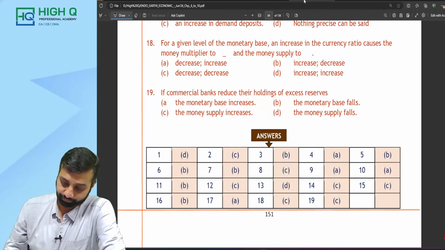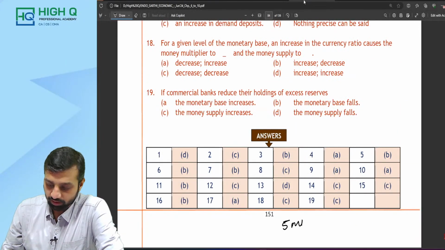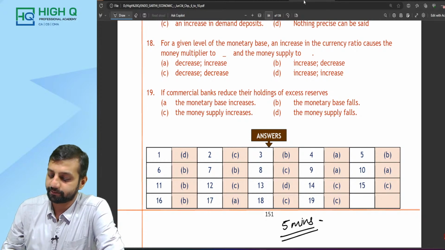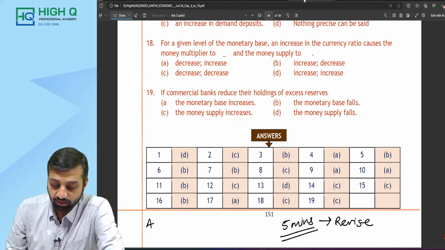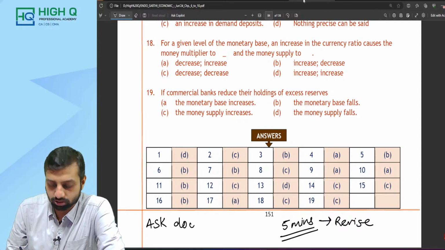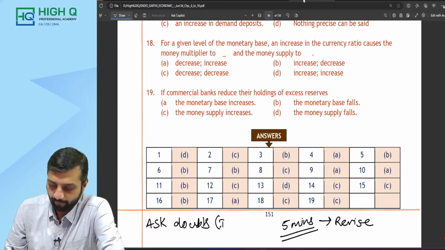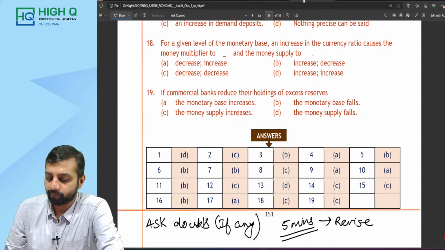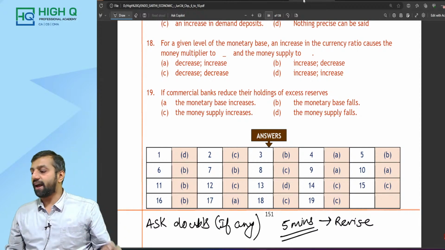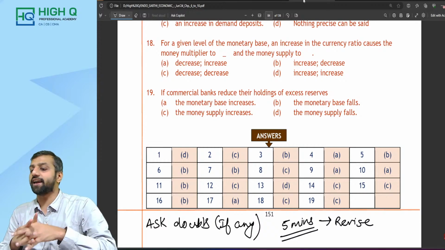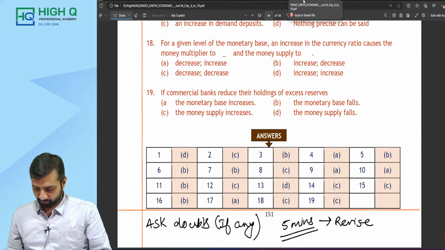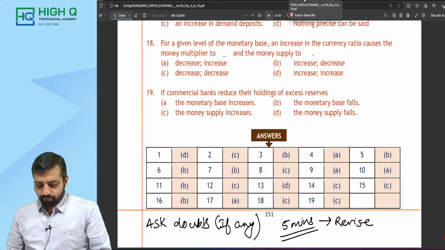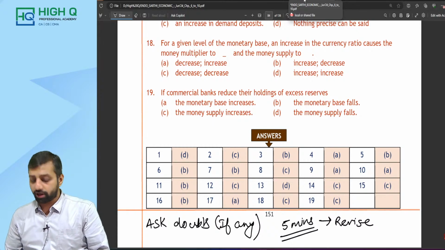All right. So you have 5 minutes. Revise. Ask doubts, if any. I will start in the next 5 minutes with unit number 3. It's already uploaded on the Thankyou app.